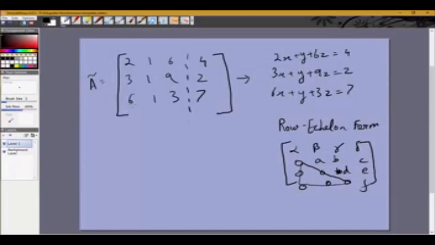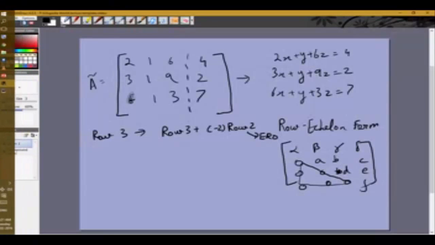So I'll not do the whole process. I'll just show you how it might be done. So let's say you wanted to make this term a 0 first. So you could add to it minus 2 times the second equation. So you say row 3 goes to row 3 plus minus 2 times row 2. This is an elementary row operation because it falls into the category of operations we saw just a moment ago, right?